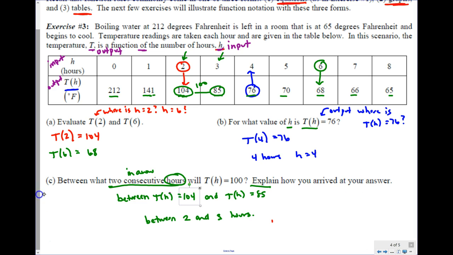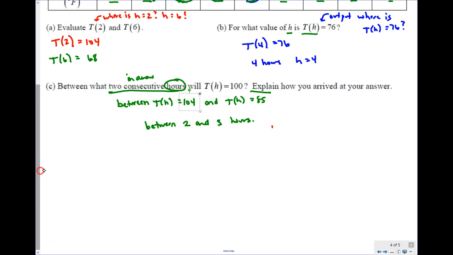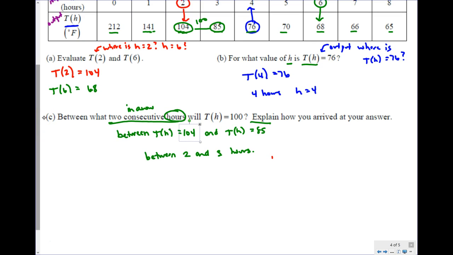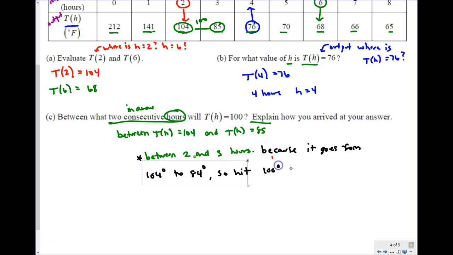This question is also asking me to explain how I arrived at my answer, and it's really important that when a question asks this, you try hard to make the best explanation you can. Not every explanation is going to be the same. So here's what I'm going to write. I'm going to start with because. Between 2 and 3 hours, because it goes from 104 degrees to 84 degrees, so it will hit 100 degrees at some point in between.